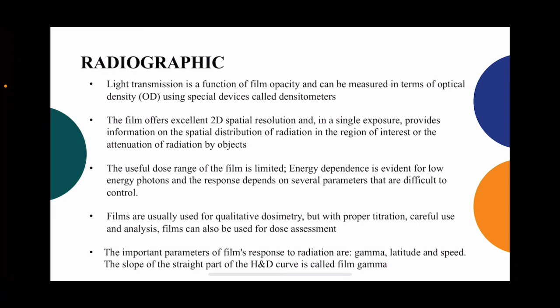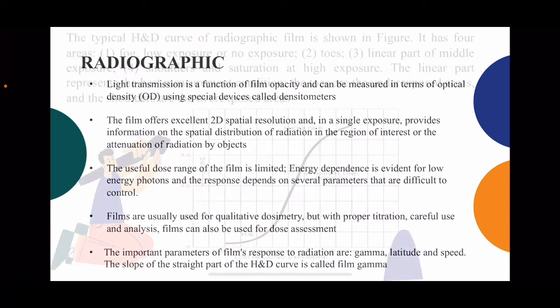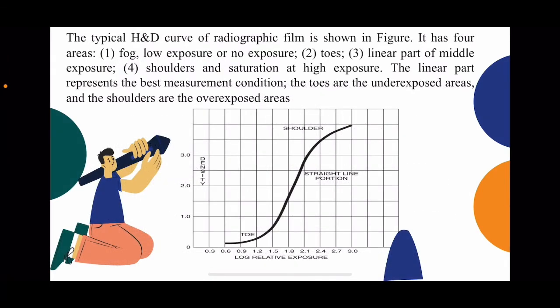The important parameters of film response to radiation are area, gamma, latitude, and speed. The slope of the straight part of the H and D curve is called film gamma. The typical H and D curve of radiographic film is shown in the figure.